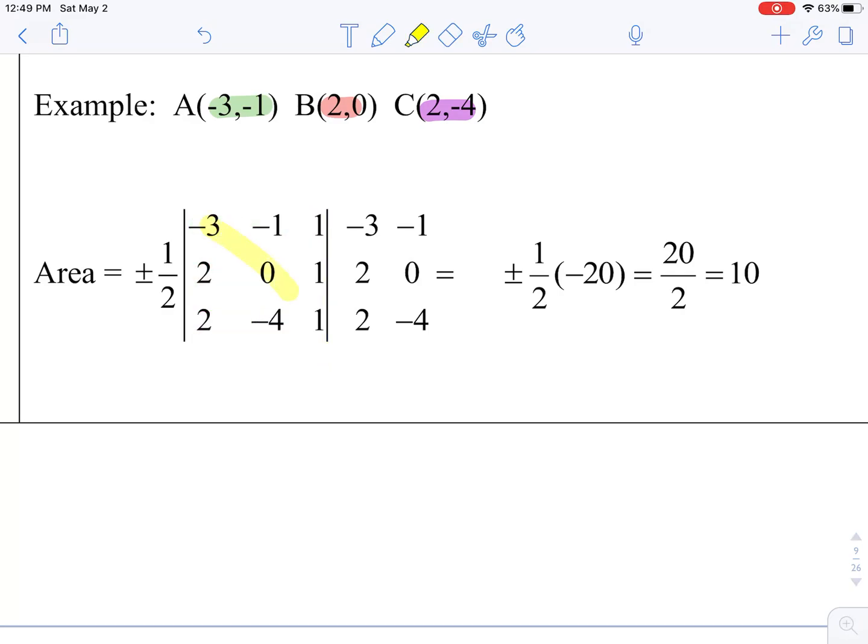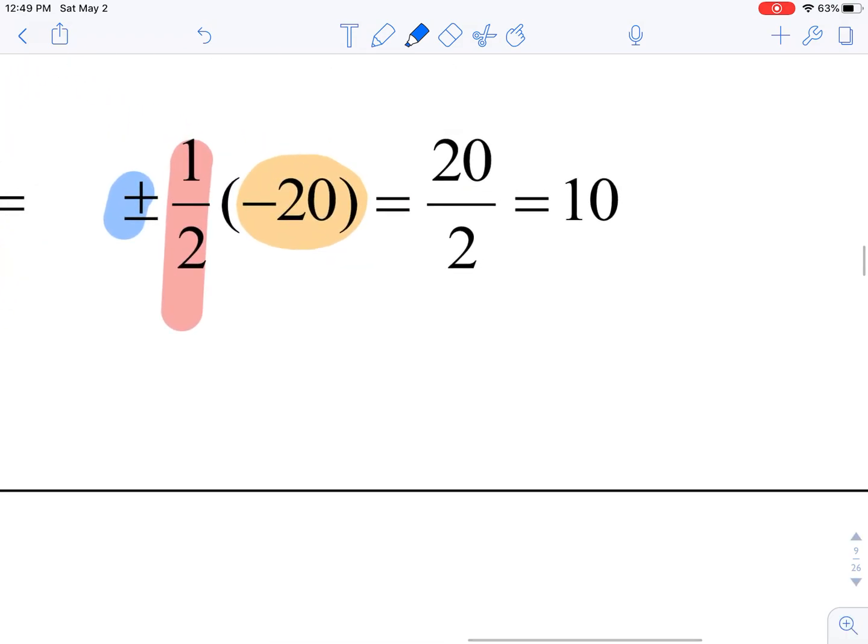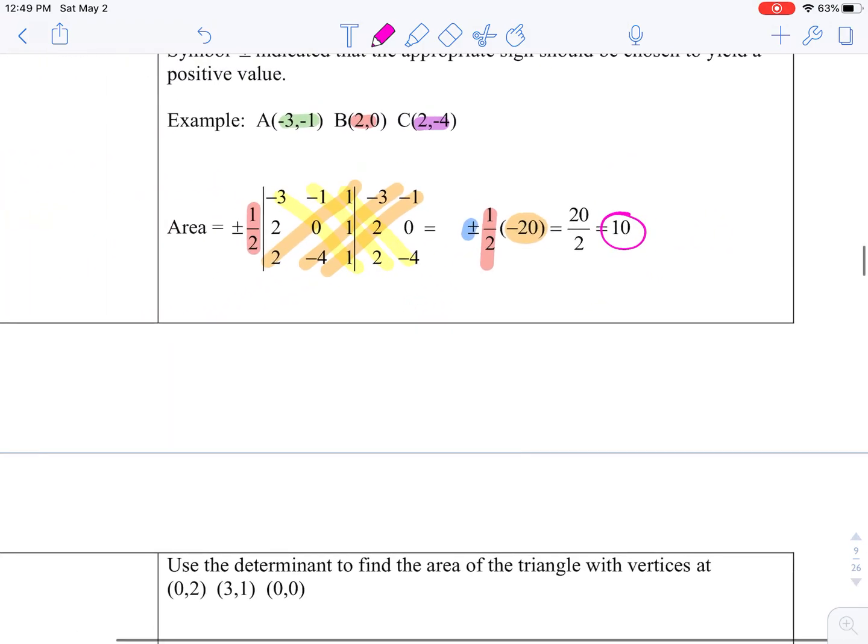So they're going to do the downs minus the ups, and that gave them negative 20. Then they're going to multiply by 1/2, and they're going to take whichever sign makes it positive in the end. So you could almost think of it like an absolute value. So half of negative 20 is negative 10, but we need it to be positive in the end.